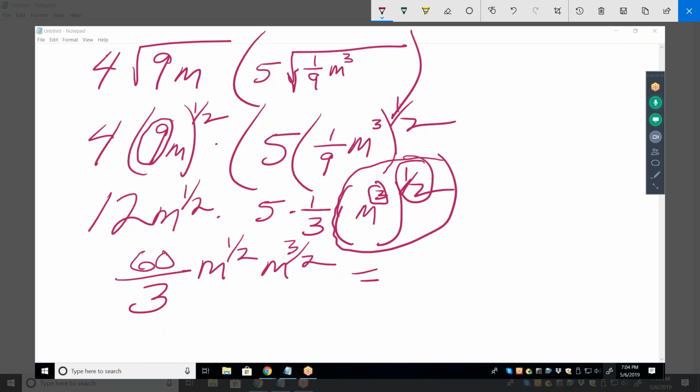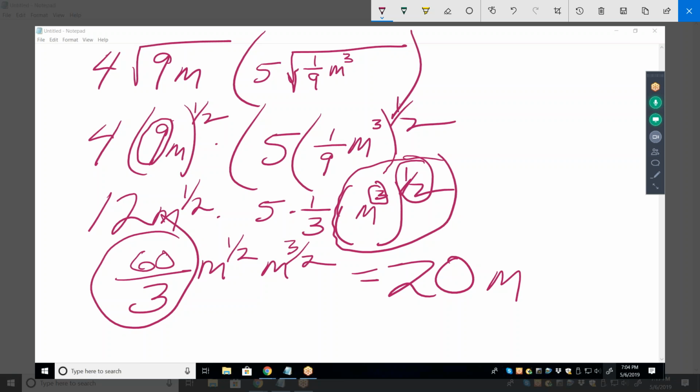Handle the number probably first. 20. Just 20m, right? What do you do to the exponents when you're multiplying? You add them. You always do one level less. One level less than multiplication is addition.